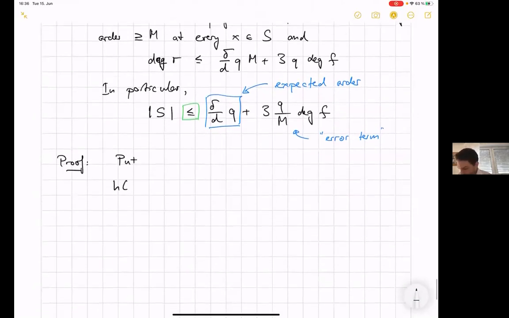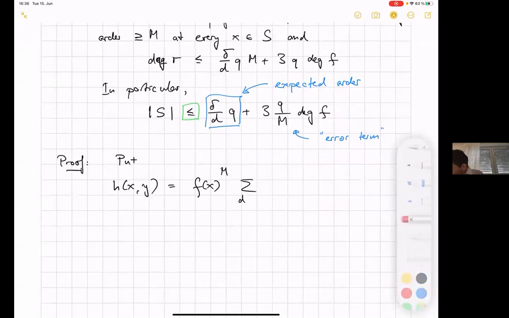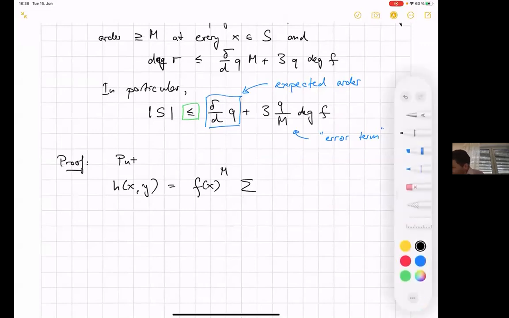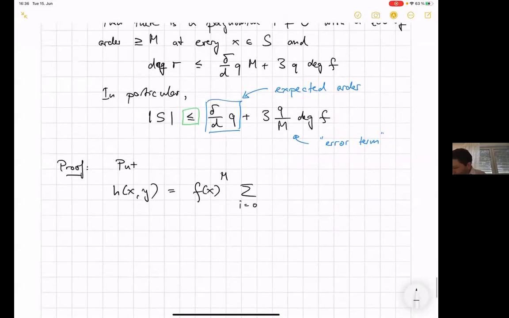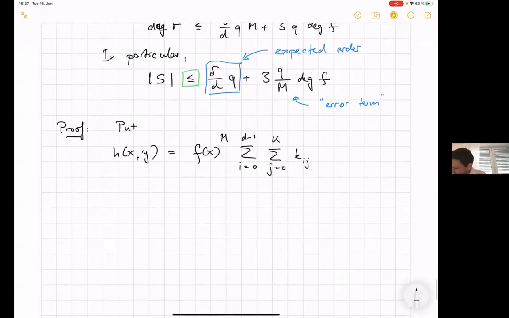Here is the polynomial. I define h(x,y) to be f(x) to the power m, which has zeros of order m at all zeros of f, times the sum over i from 0 to d minus 1 and j from 0 to k, where k is a free parameter that I will choose later, of k_ij(x) g(x) to the power i and y to the power j.